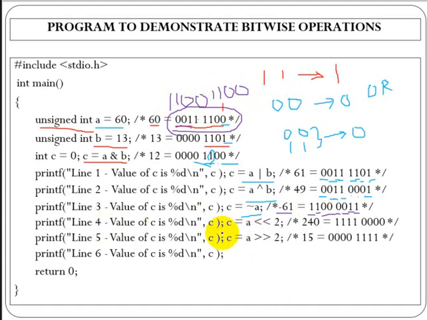And the next is nothing but the shift operator. So double less than means left shift. This is nothing but the left shift operator. So what happened? The left shift operator means it shifts one or two times. Here it is mentioned twice, which means it will shift two positions.